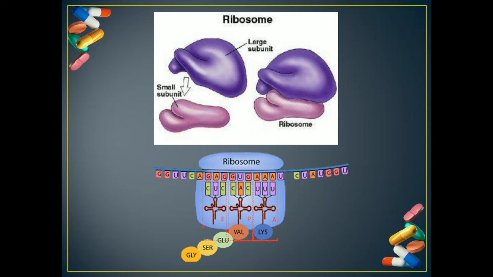Then we have erythromycin, which will inhibit the elongation step of protein synthesis. Elongation is one of the steps of protein synthesis. So the elongation step is being blocked by erythromycin, which will block the elongation factors. We also have some aminoglycosides, for example, streptomycin again, which cause misreading of the mRNA.